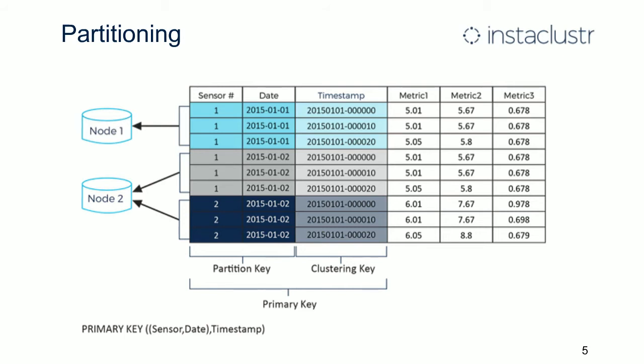Also, the partitions are the way that Cassandra scales out. So as we add nodes to a cluster, the partitions are divided over a larger number of nodes, although each partition is still on a single node. So if you have a very small number of partitions, that makes it very hard to add nodes and scale out. There won't be enough granularity in the partitions there.